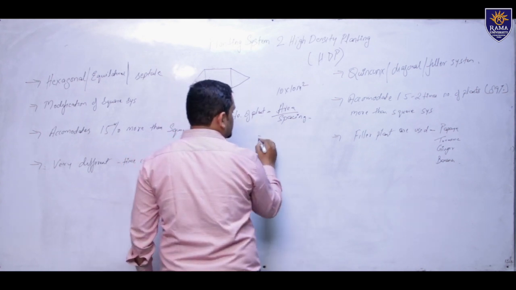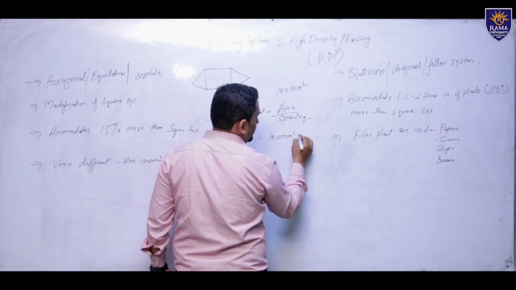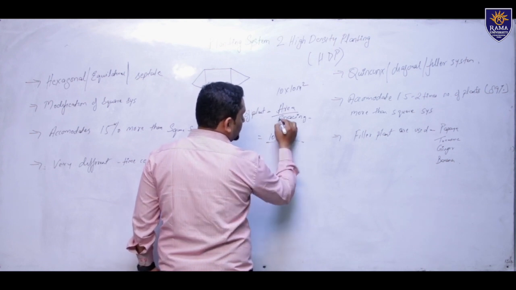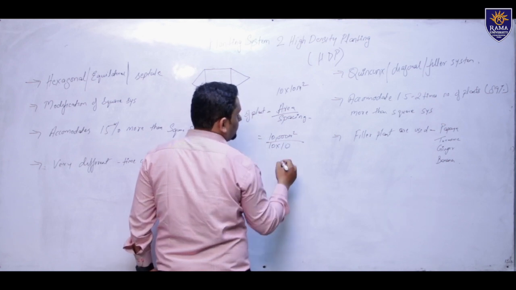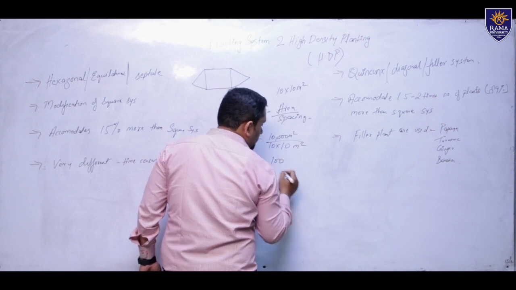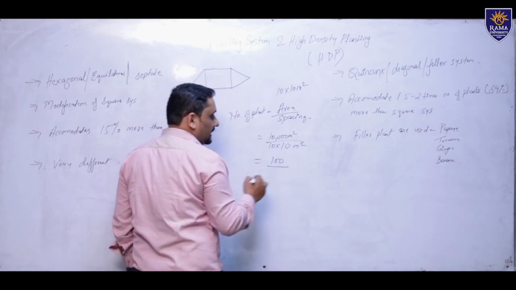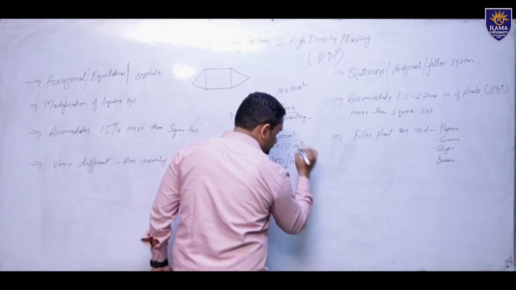So in the square system, 1 hectare is equal to 10,000 meter square, and from the normal spacing we will take 10 by 10 meter square. So from calculation we can say that only 100 plants of mango can be accommodated in 1 hectare.